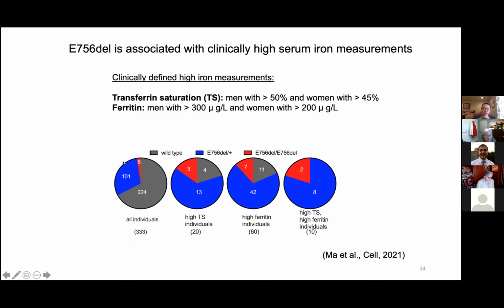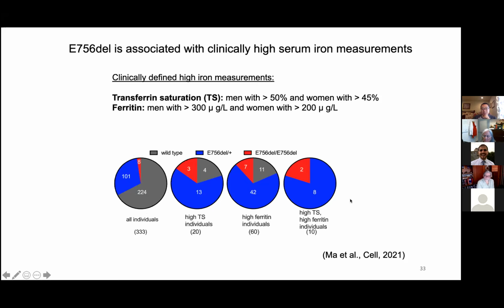In this panel on the very left, this pie chart has all the individuals in our cohort, and as you can see, 1/3 actually carry the gain of function allele. However, when I looked at the individuals in our cohort who have either high transferrin saturation or high ferritin value, the percentage of this gain of function allele is way more than 1/3.